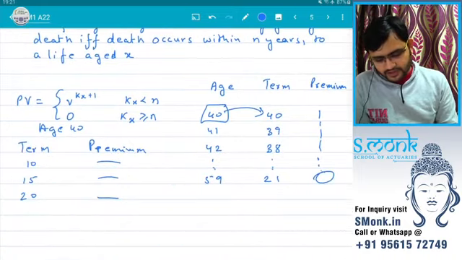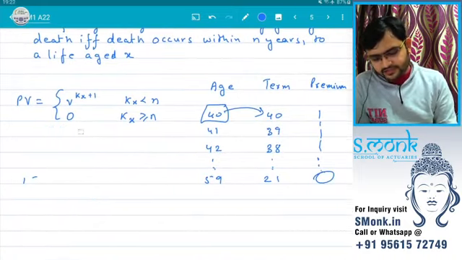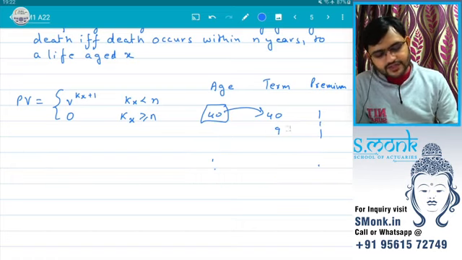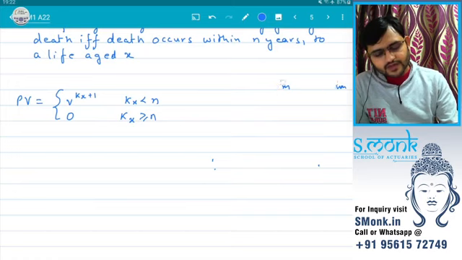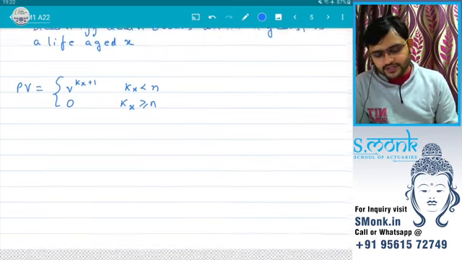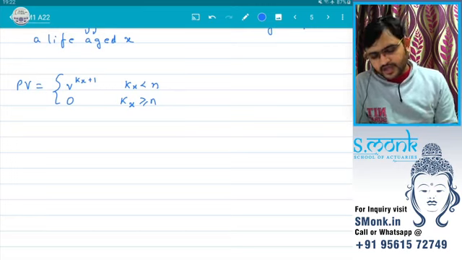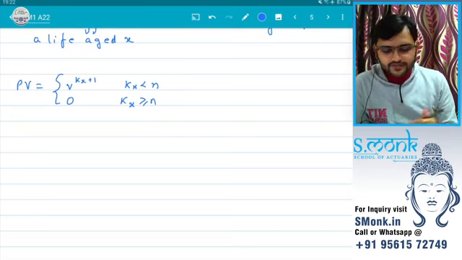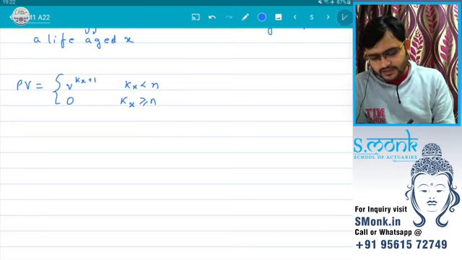We were talking about term policy, present value. If the person dies within those n years, then the value is paid, therefore the present value becomes v raised to k plus 1. If the person does not die within those n years, then nothing is paid.